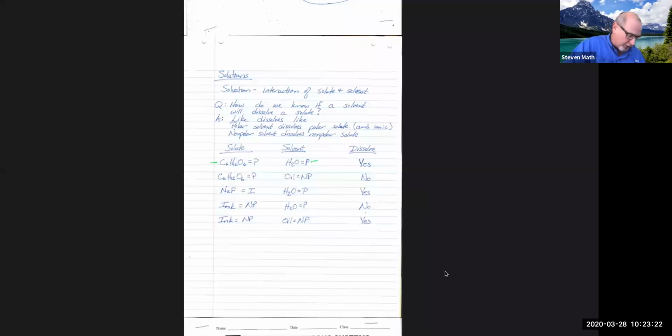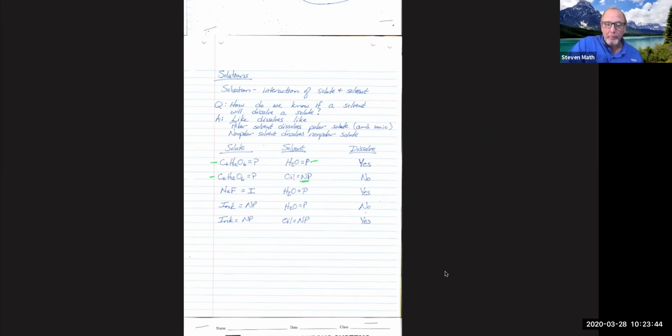If we take glucose as a polar and try to dissolve that in a nonpolar solvent like oil, it won't dissolve. That sugar will simply sink down to the bottom. It won't interact. There will be no solvation.